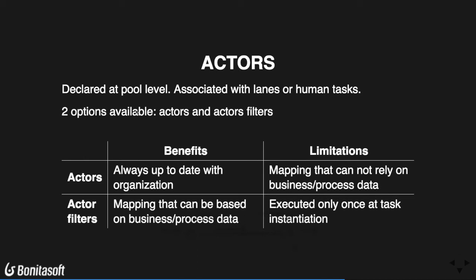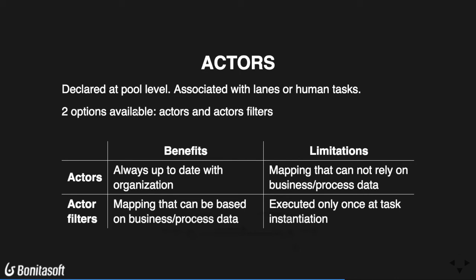It cannot be done by the actor mapping because we don't know in advance which employees are going to initiate the request. So it can be done with the actor filter. The actor filter will use the requester ID to look in the organization for the manager and add this person to the list of candidates for this specific task.